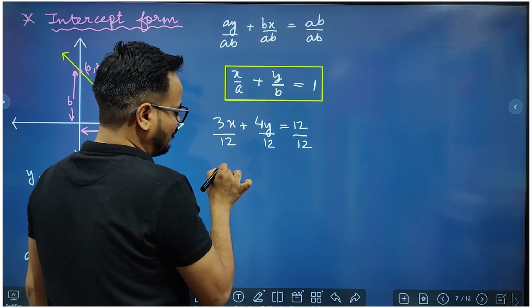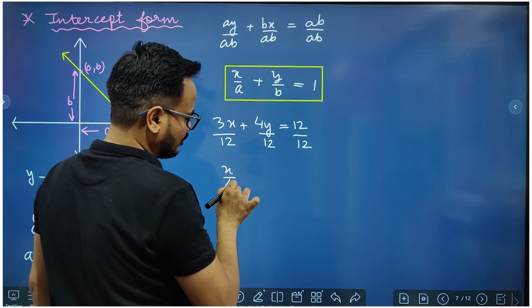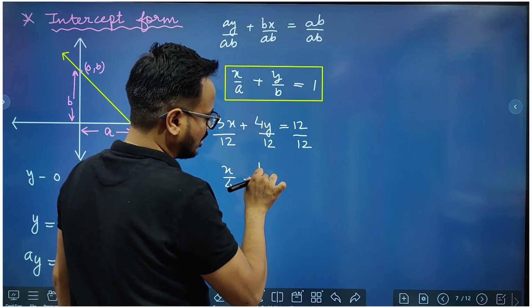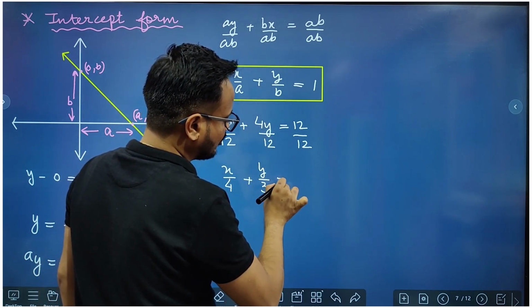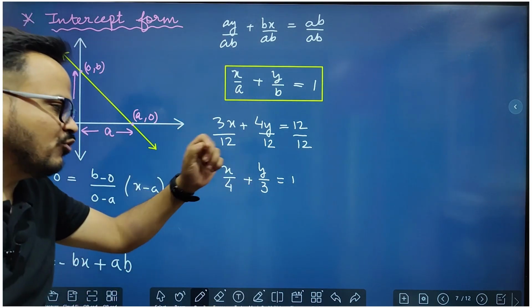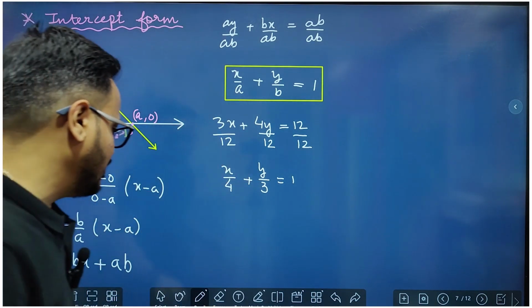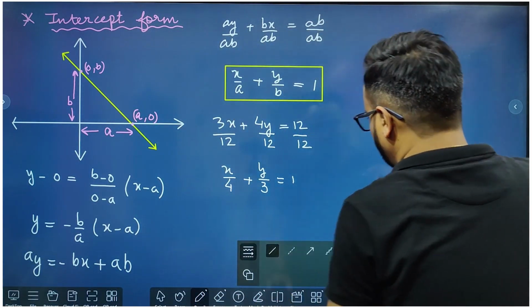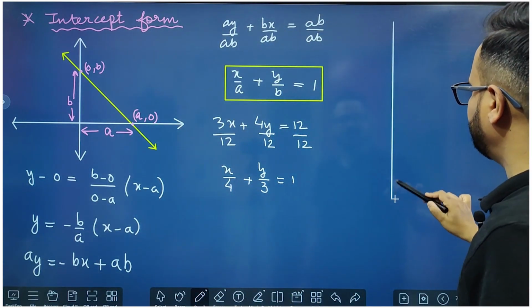So this is x by 4 plus y by 3 equal to 1. So obviously x intercept is 4 and y intercept is 3.